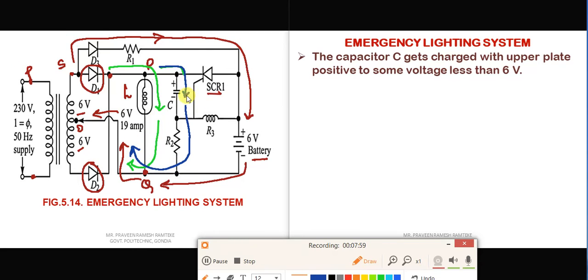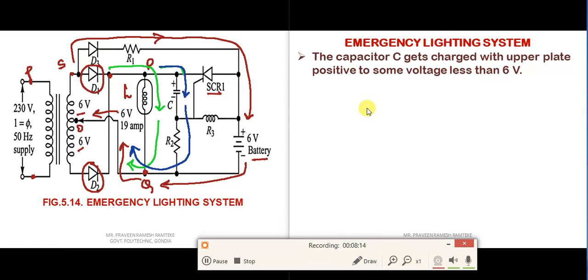So a potential is getting developed across this capacitor. The capacitor gets charged with upper plate positive to some voltage, say less than 6 volts. The voltage will build up slowly.